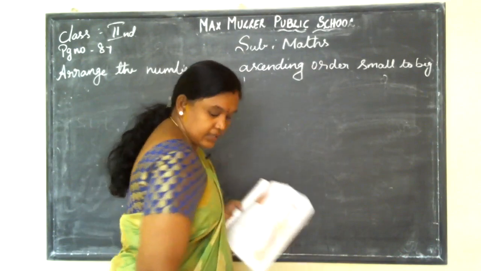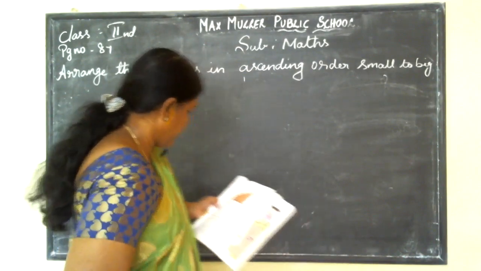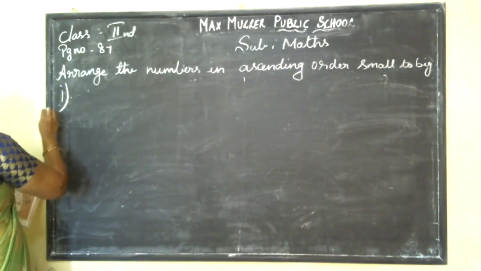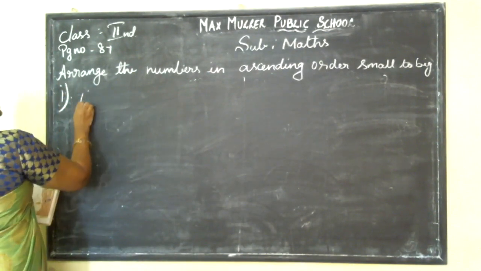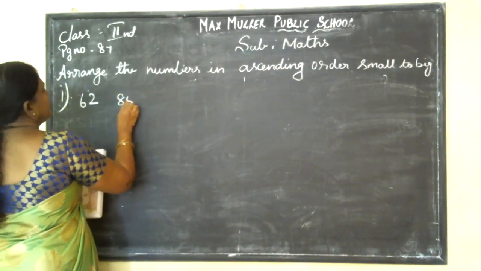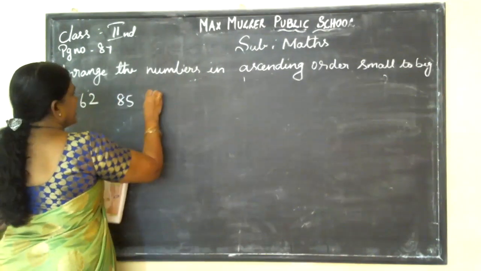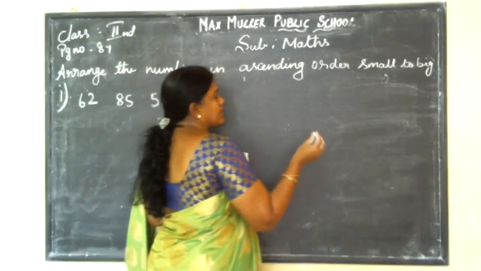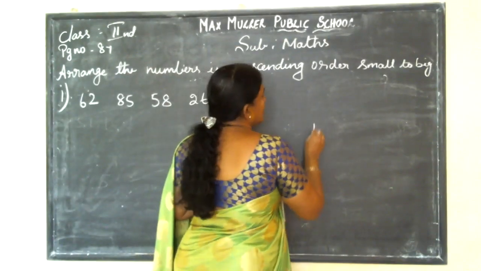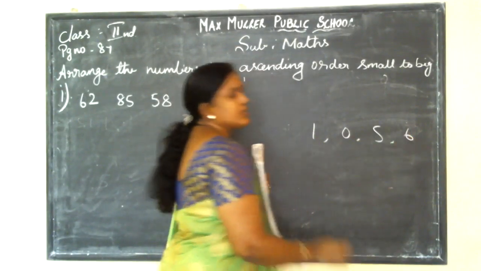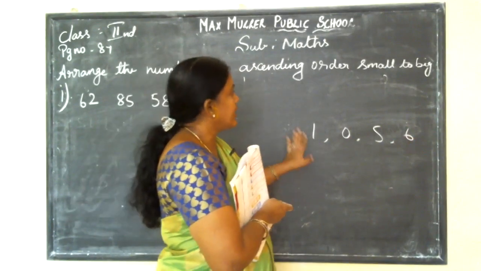Page number 87. First one: see, 62, 85, 58, 26. In UKG, first standard, you used single digits for ascending order.